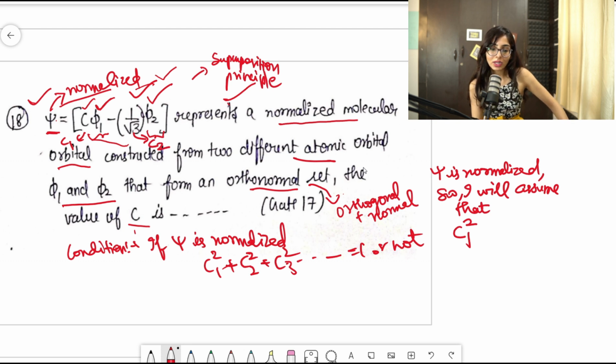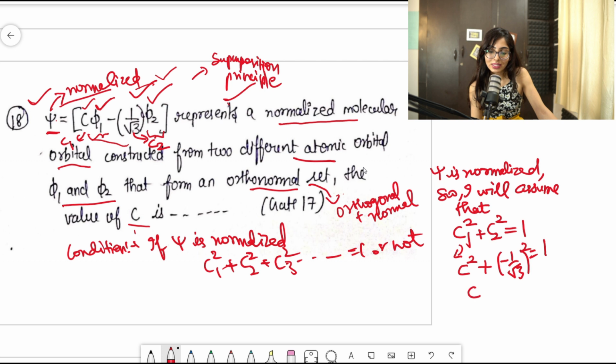So I will assume that C1 square plus C2 square is equal to 1. What is C1 here? C1 is C only, so I will write C square plus C2 square. What is C2 square? That is minus 1 by root 3 square, and it is equal to 1.